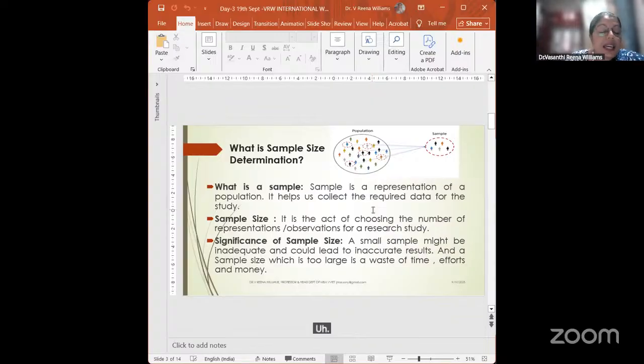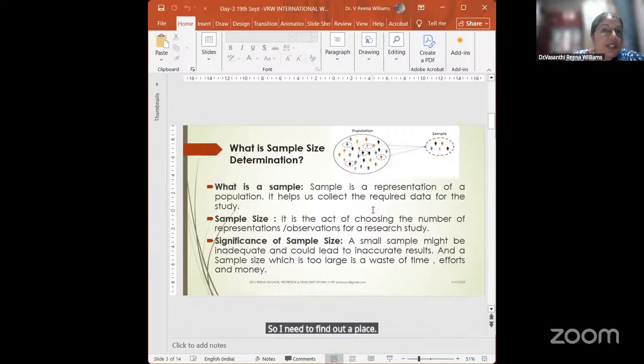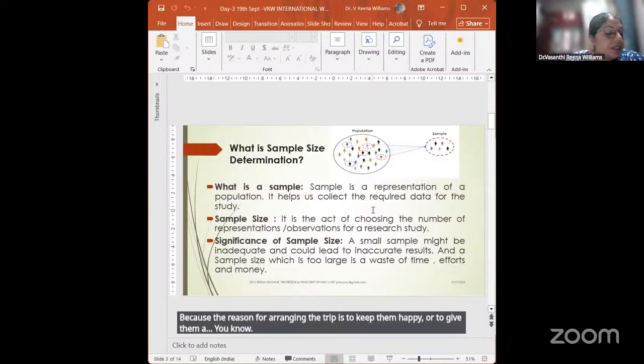One is place A and the other one is place B. Out of these 50 students, I need to know, because choosing a place which I like might not be the place which my students might like, right? So I need to find out a place which is liked by the students, because the reason for arranging the trip is to keep them happy or to give them a break from their regular routine.